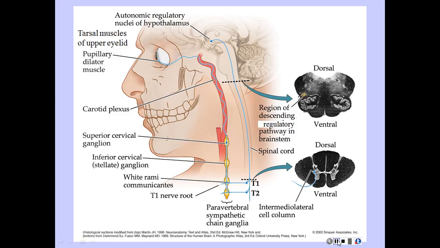So here is our superior cervical ganglion. I don't want it to seem like I'm hammering a point home, but I really do think, for your own scholarship, from a clinical perspective, you have to understand how the pupil works.